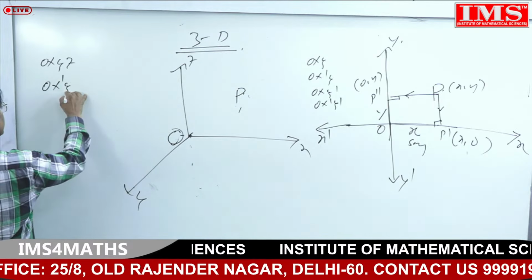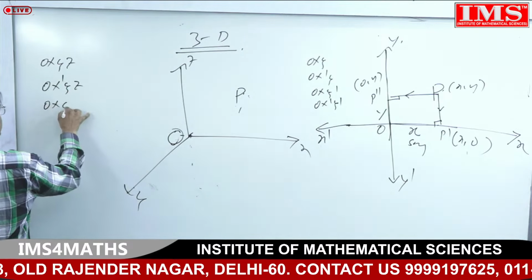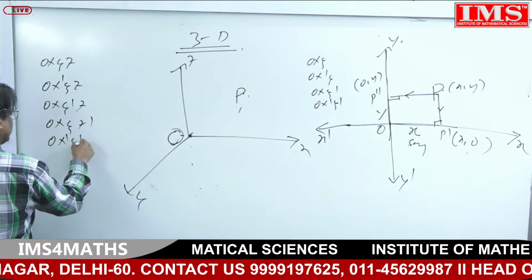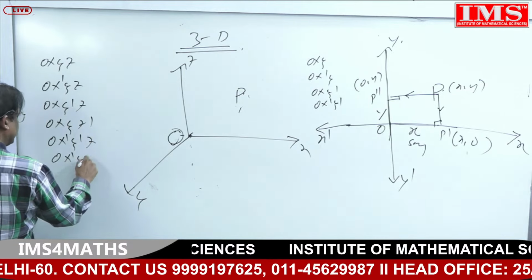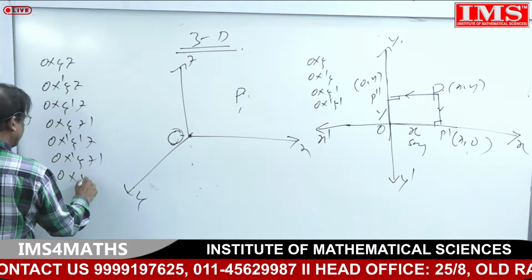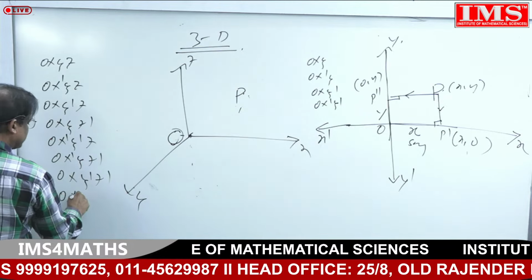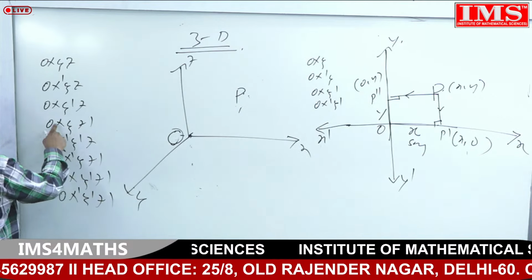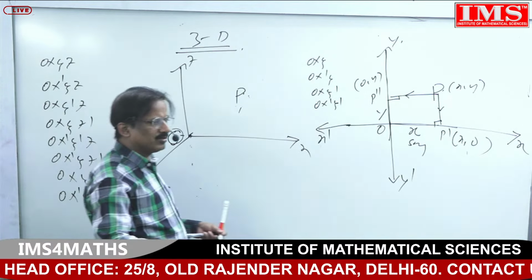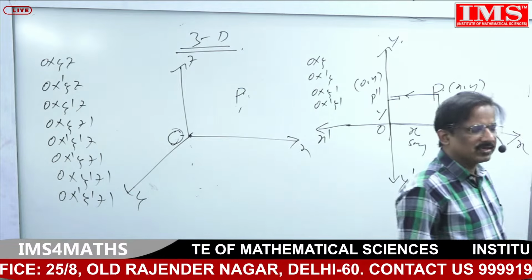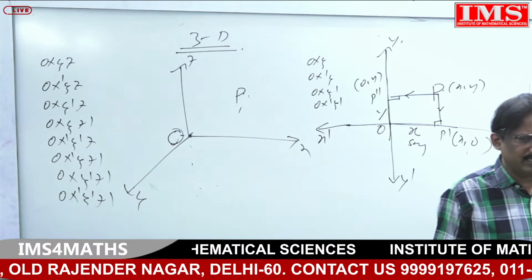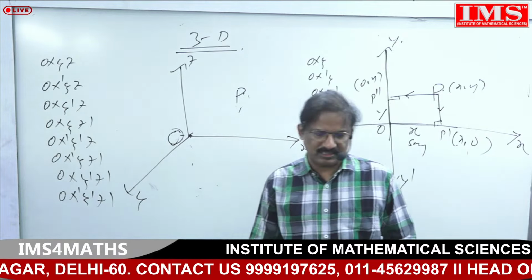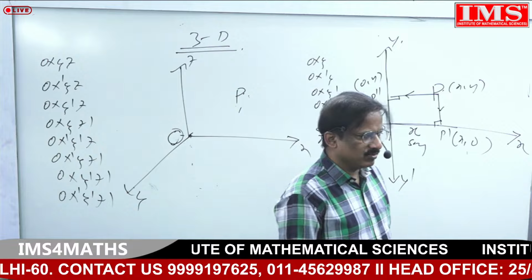Blindly I'll be writing OX dash YZ, OXY dash Z, OXYZ dash, OX dash Y dash Z, OX dash YZ dash, and OXY dash Z dash, and OX dash Y dash Z dash. How many are here? 1, 2, 3, 4, 5, 6, 7, 8. Then each one of the parts is known as what? Octant. How many equal parts here? 8 equal parts. And each part is known as an octant. 8 octants, that's what I say. Like here, 4 quadrants.